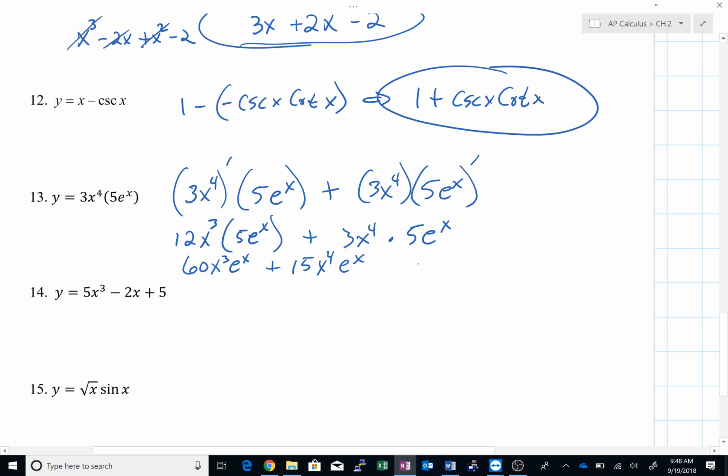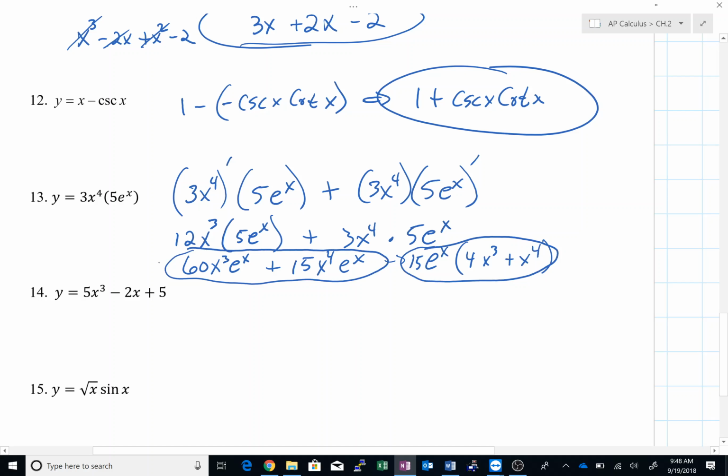Okay, now, yeah, I could pull out an e. I could probably pull out a 15 as well. Does that look any prettier than this? Not much. What's that?